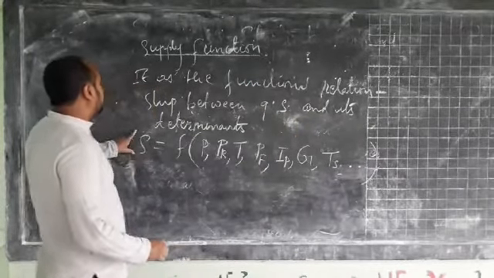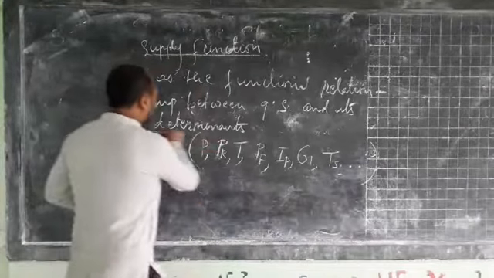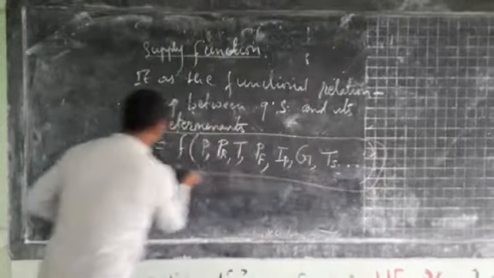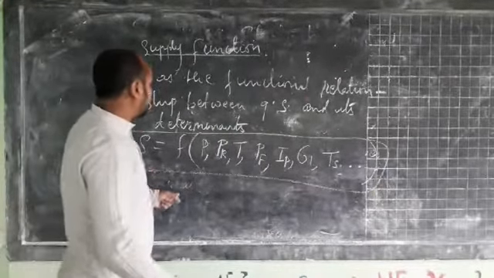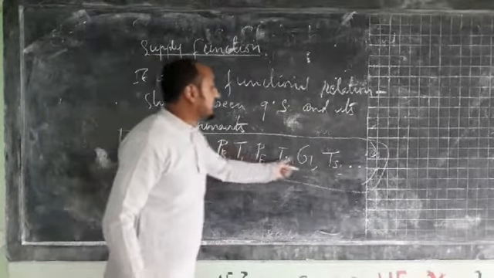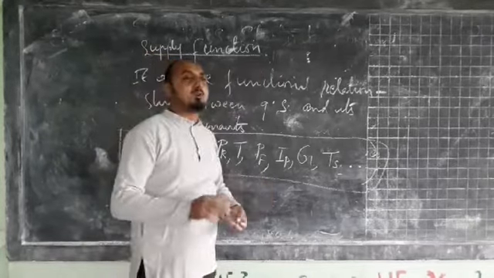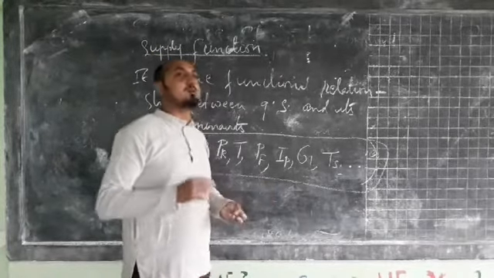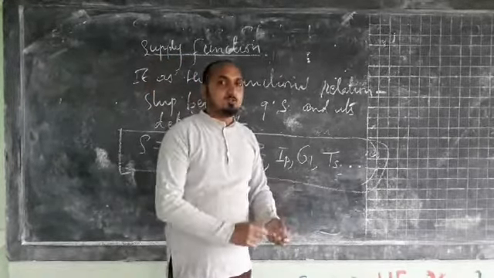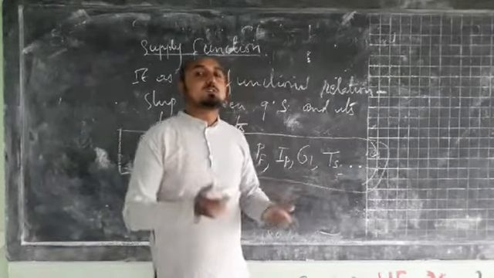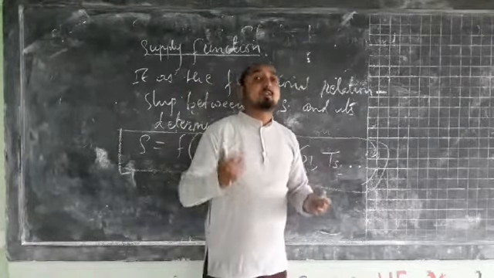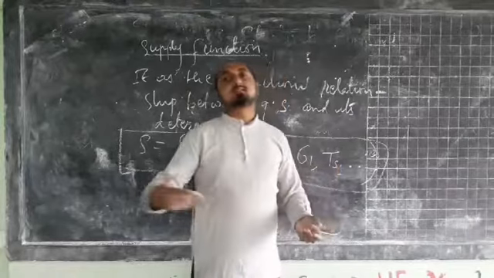So this mathematical expression or this functional relationship between the quantity supply and its different determinants is called supply function. So this is important for 2 marks question. It may come in objective type. Define supply function. So supply function is a functional relation or mathematical expression of quantity supply and its determinants.